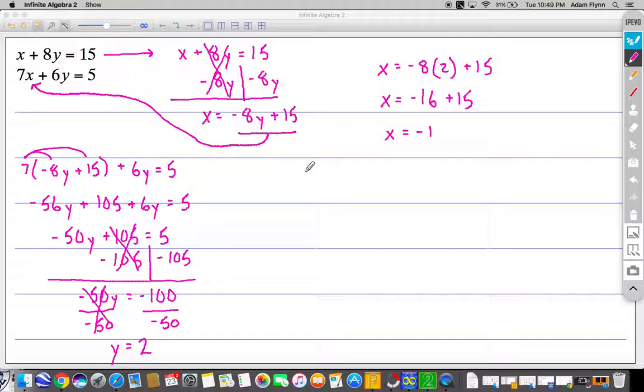So I know these two lines cross at the point negative 1, 2. And again, I don't think I can say it enough. We plugged this 2 for y into this manipulated equation over here. If you plug it into the original top equation or original bottom equation, you would also get negative 1 for x.